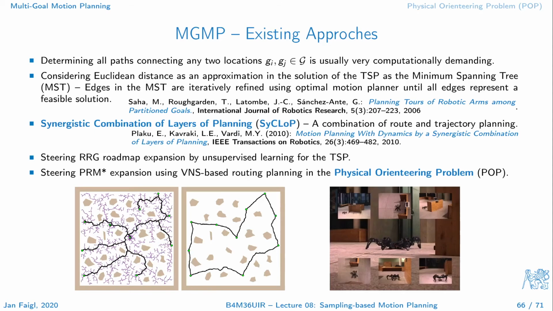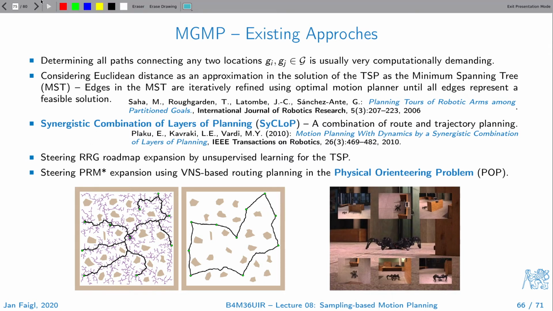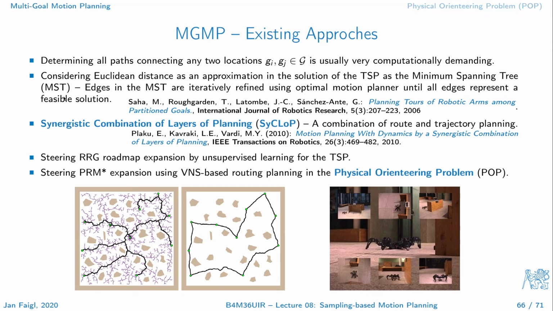There are basically three classes of approaches to multi-goal motion planning. The first was proposed by Mitul Saha in 2006, and it is based on a solution of the underlying TSP as a minimum spanning tree. First, we consider the locations we would like to visit, we consider Euclidean distance on our roadmap, and we find the minimum spanning tree.